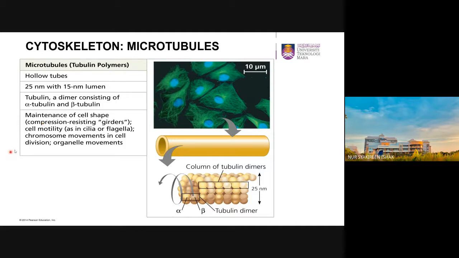And then involved in chromosome movement in cell division. Like I said earlier, the spindle fiber actually is made up of the microtubules. And then organelle movement.